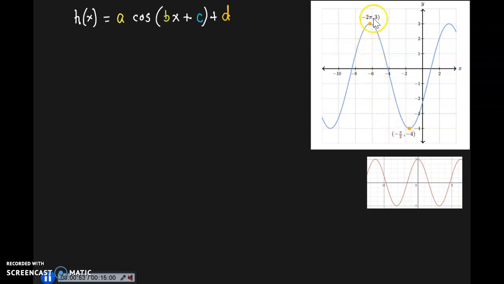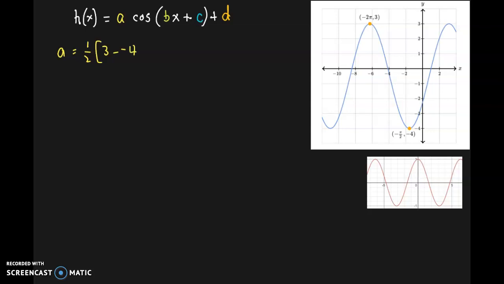So what we can do is we can take the y coordinates, 3 and minus 4, and figure out the amplitude. So I'm going to do that. Here goes. The amplitude, which is just a, is going to equal a half of the distance between 3 and minus 4, which is to find the distance we subtract.